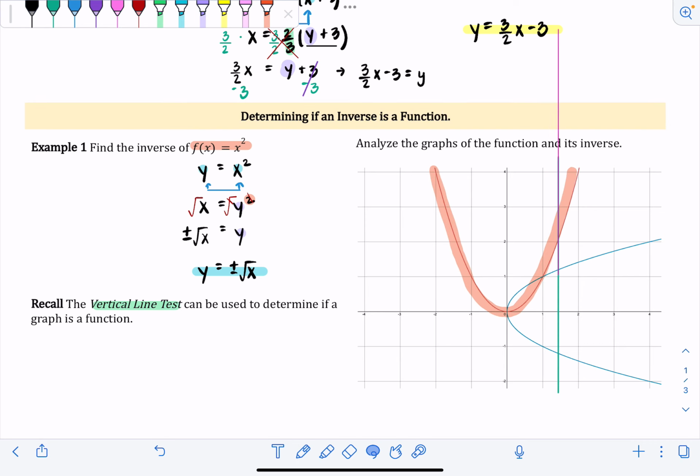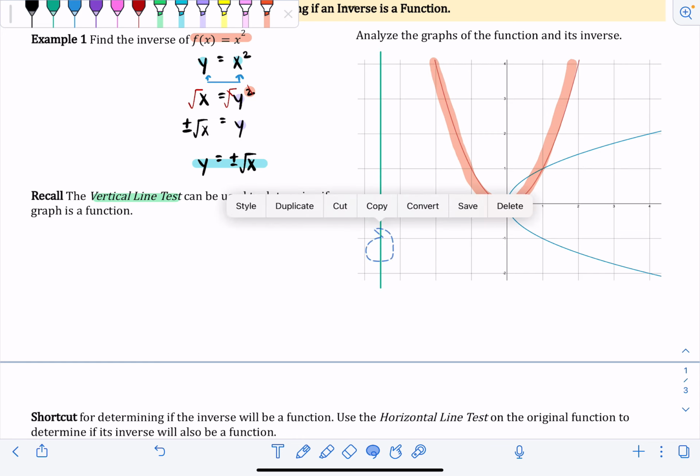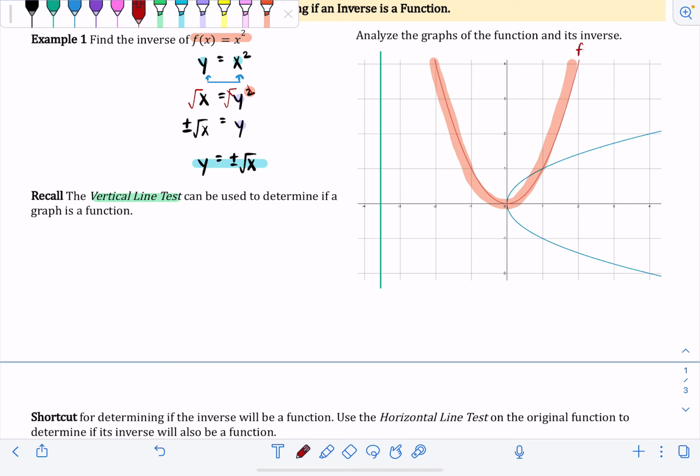So it's important to try to ignore the blue one for now and focus only on the original function, the red line. It's never touching it at more than one point at one time. So that vertical line test is proving that our original function is in fact a function.